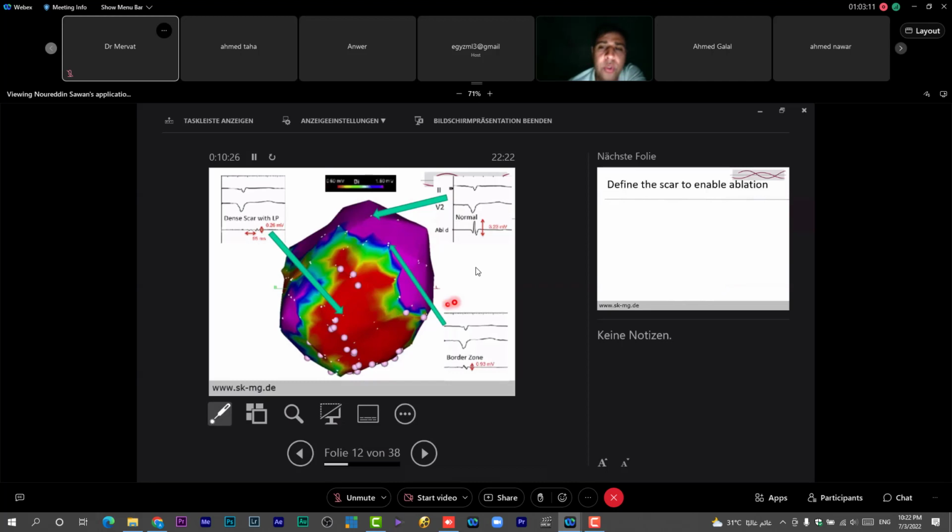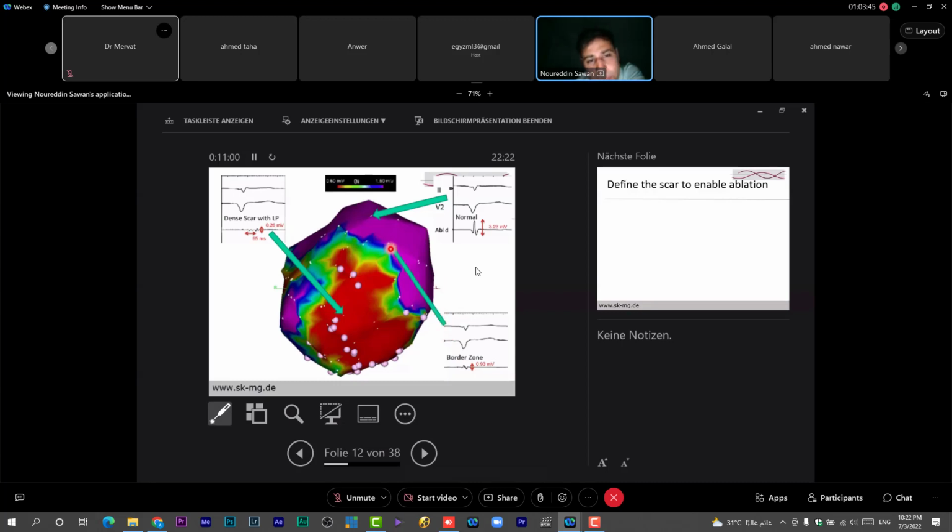It's also very important to see the points and the EGMs in the border zone. The border zone is the zone between the dense scar and the normal voltage. The border zone is actually the most problematic zone, because that's where we expect the channels or the exit and entry sites to be located.